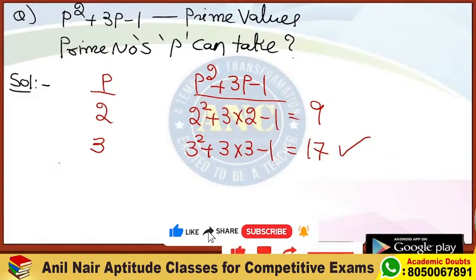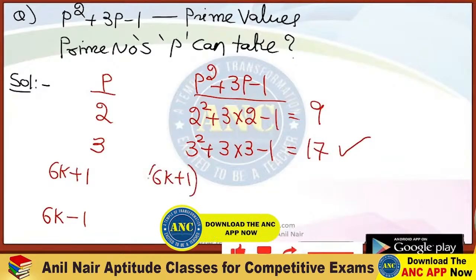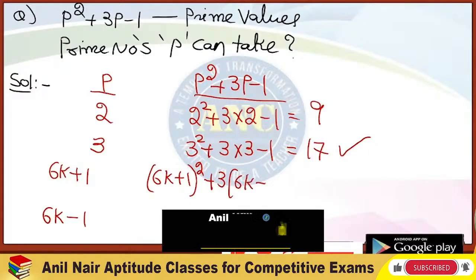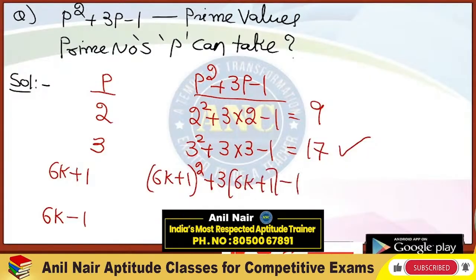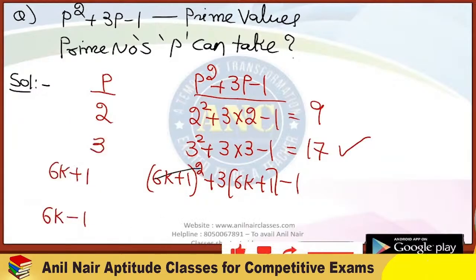Any prime number greater than 3 is 6k plus 1 or 6k minus 1. If I substitute, this is 6k plus 1 whole square plus 3 into 6k plus 1 minus 1. 6k whole square, 36k square, divisible by 3. 2 into 6k, 12k, divisible by 3. 18k divisible by 3. 3 divisible by 3. 1 minus 1, 0.